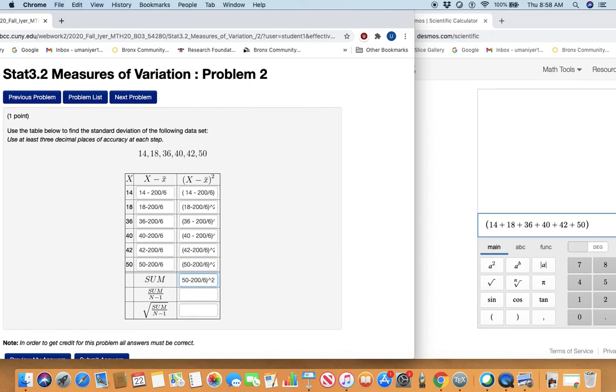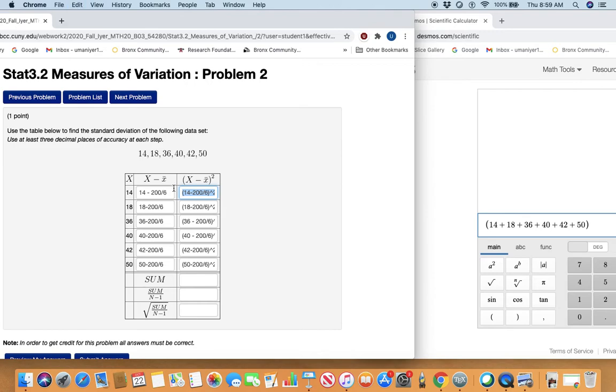Looks like I missed everything. Yes. So sorry about that. I seem to be doing something wrong. 14 minus 200 over 6 power 2. Let me try.